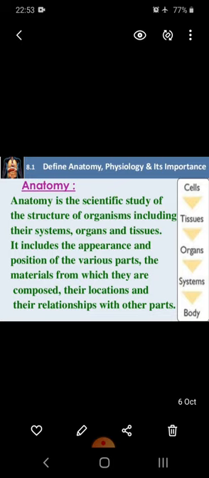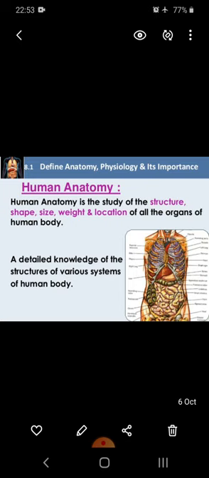It includes the appearance and position of the various parts, the material from which they are composed, their location and their relationship with other parts. Human anatomy is the study of the structure, shape, size, weight and location of all the organs of the human body. A detailed knowledge of the structure of various systems of the human body.